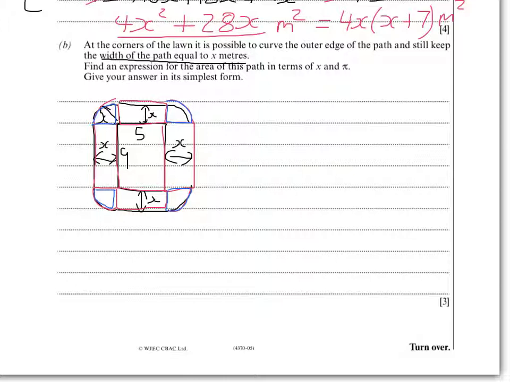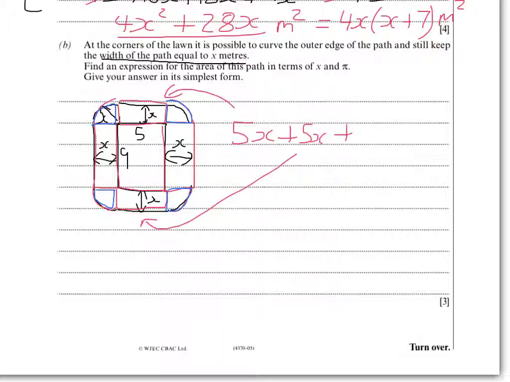So in order to work out the area, if we work out the red rectangles first, we know from the red rectangles we've got 5 times x, so that's 5x. We've got another 5 times x, so that's the one at the top. We've got another 5 times x from the one at the bottom.